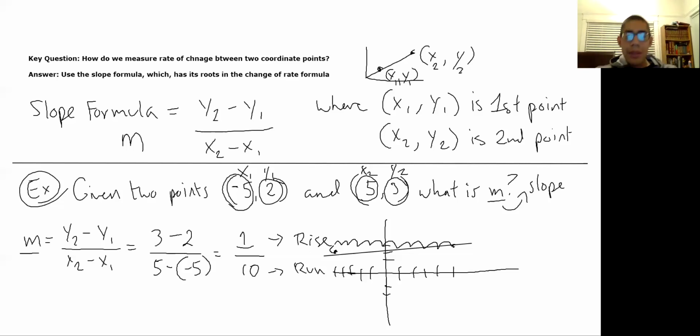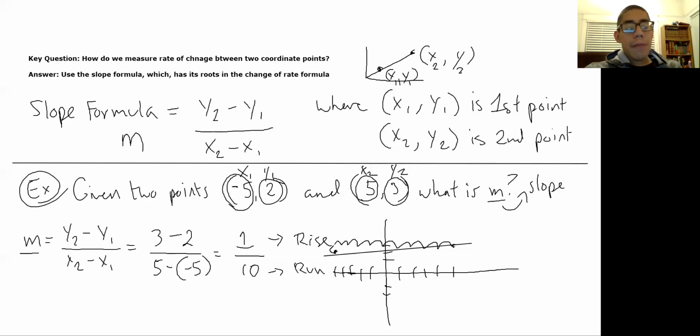So if you notice, I put the minus 5 in parentheses, and I kept the negative. I can't just put a regular 5 in there because that's not going to accurately represent what's going on. If x1 is negative 5, I need to include the negative 5 as part of the number, right? x1 is not 5, it's negative 5.